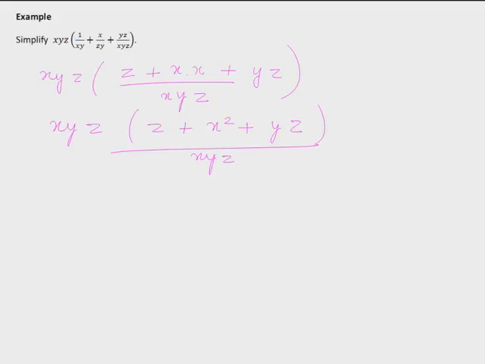And there we have it. We can factor out the xyz's, leaving us a 1. And the answer is z plus x squared plus yz. A neater way of writing this with decreasing powers is x squared plus yz plus z.